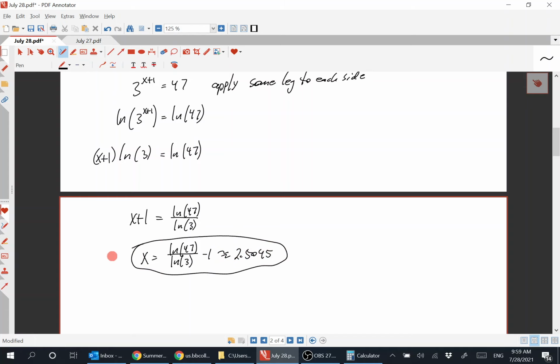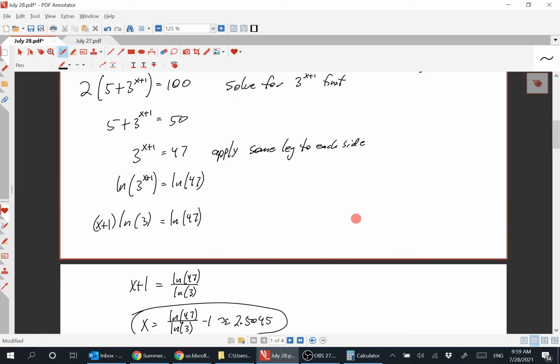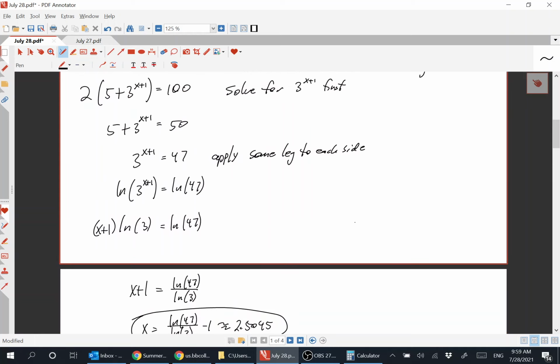Okay, so solving equations with exponential expressions in them, you have to solve for the exponential expression first. Here in this equation, we solve for 3 to the x plus 1 first. Then once you do that, you can apply a log to each side and bring down that exponent.